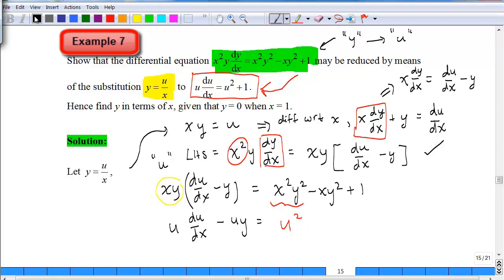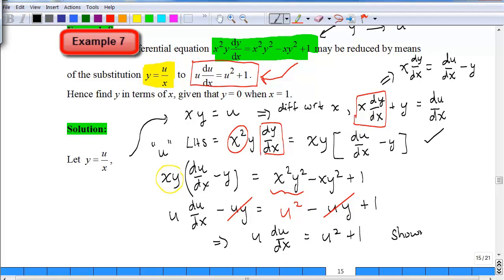Minus again, down here is actually x y y, so uy, plus 1. You know that this uy and this uy can be cancelled off. So what you have in the end is u du dx is equals to u squared plus 1. So we have shown that the original DE that I've highlighted in green can be reduced to this form.